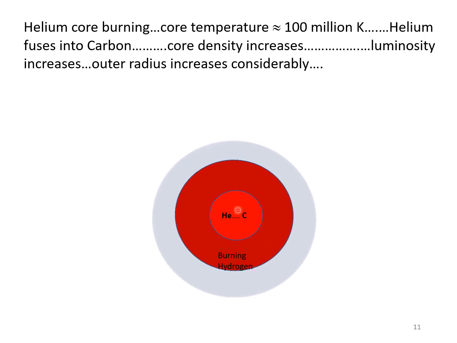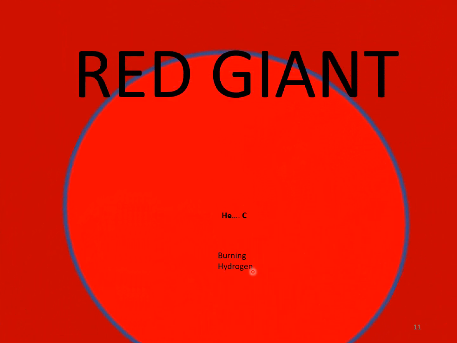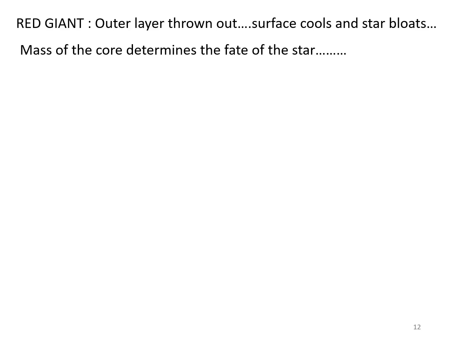Here we have the central core, and here we have the burning hydrogen, and the burning hydrogen increases, and then the star is said to be a red giant. In the case of a red giant, the outer layer is thrown out, the surface cools, and the star bloats. And the mass of the core determines the fate of the star.